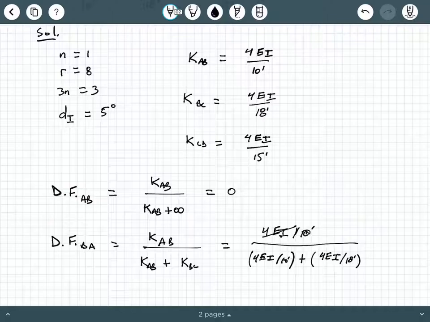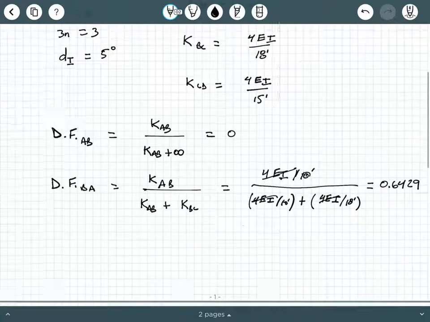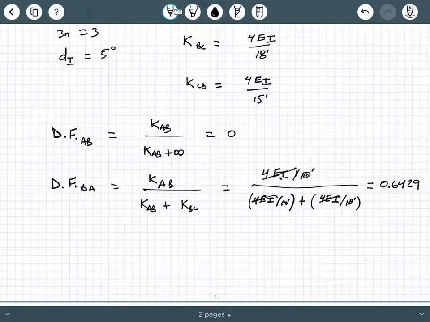So that's why we could have just used relative stiffness, because notice the 4 EIs all cancel. So what you're really left with is relative stiffness terms. So when you punch this through, you should get 0.64 and 0.29 as that distribution factor.